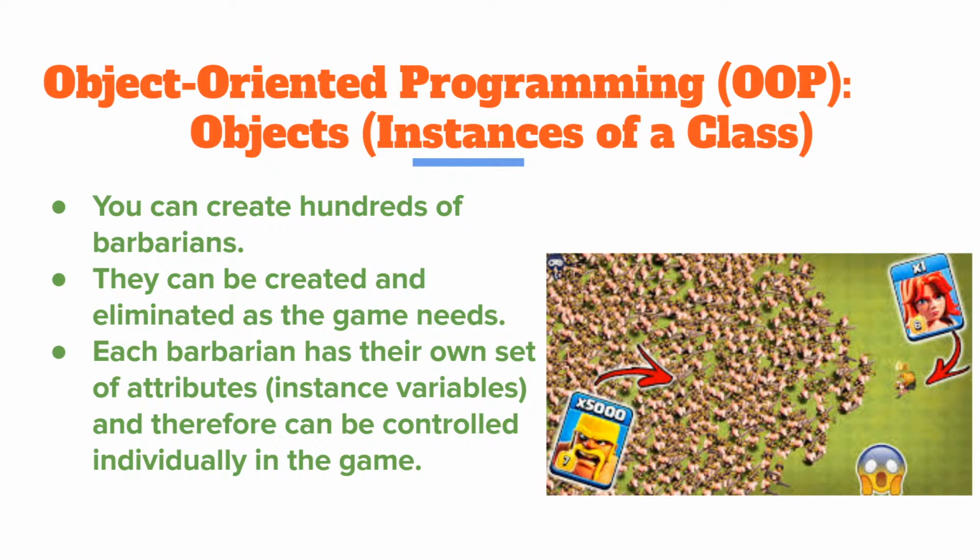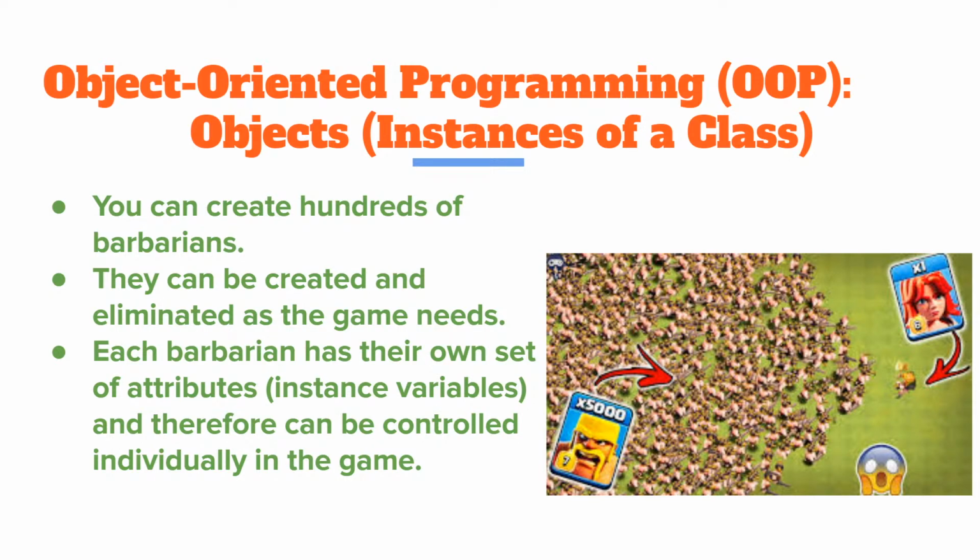And since each one is technically an individual instance of this class, each can be individually controlled. Just because everything comes from the same class doesn't mean that they're all controlled by one method or something like that. Each one has its own method that can be called.